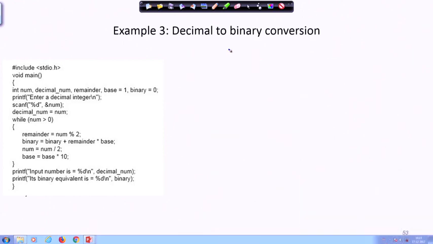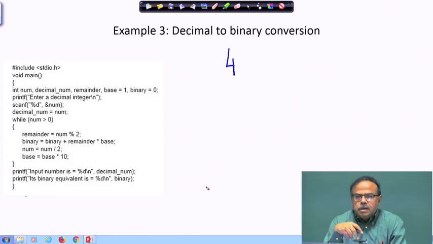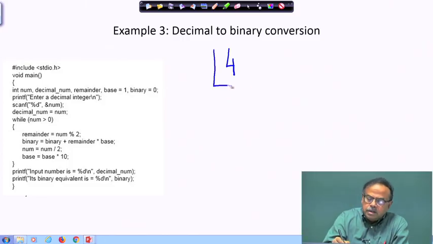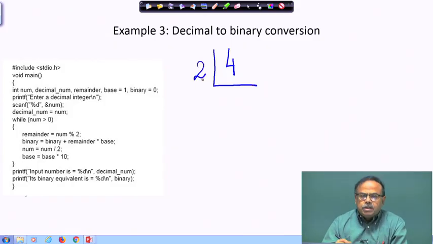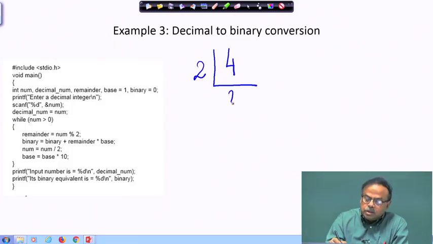Let us take the number 4 and I want to find out what is the binary equivalent of this. The algorithm goes like this. I first divide it by 2, because 2 is the base of any binary system. I divide it by 2. So, I get the quotient as 2 and remainder as 0.